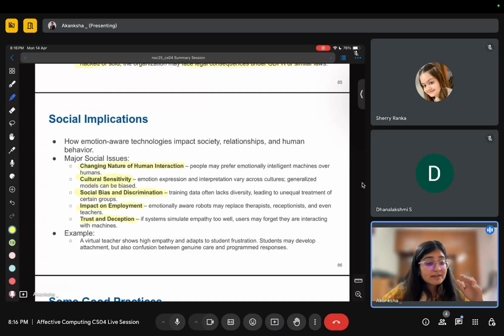If the robot is very well able to simulate the emotions, you might think that this robot is actually very emotional, so it will get emotional. But actually it is not emotional, it is just mimicking the emotions, है ना. उसको कोई nervous system नहीं है, it's just pre-programmed only, but then you might become very dependent on that. So students, like for example, a teacher who is highly empathetic, and the student might feel confused कि ये genuinely care कर रहा है या pre-programmed responses हैं.